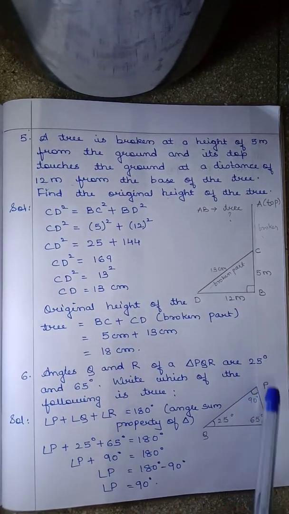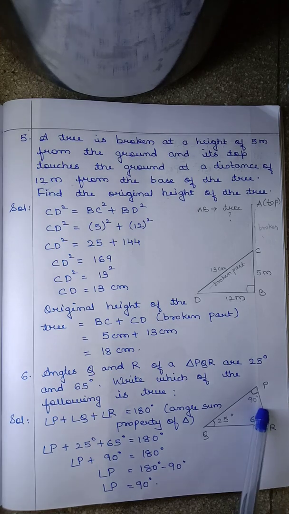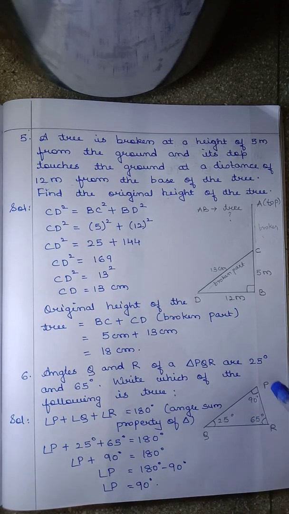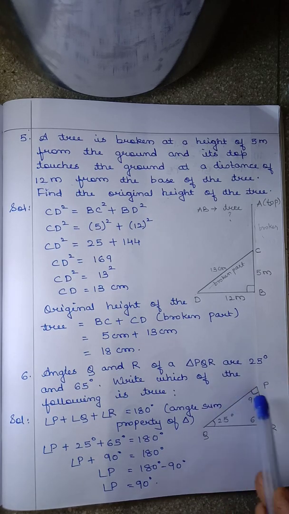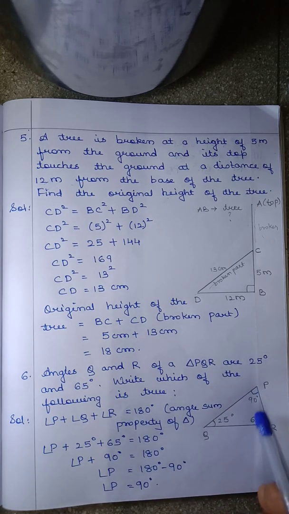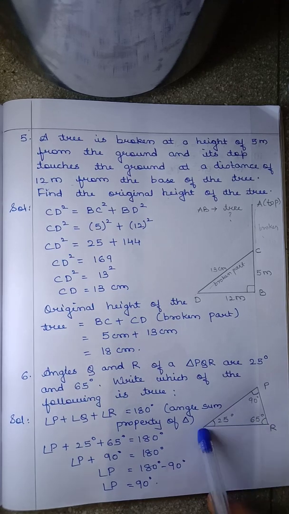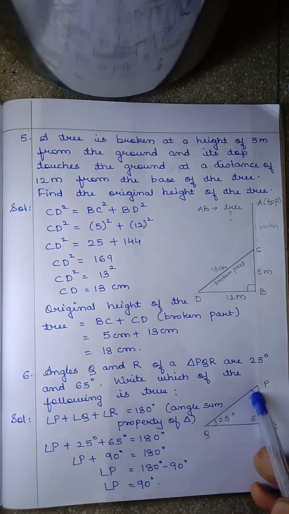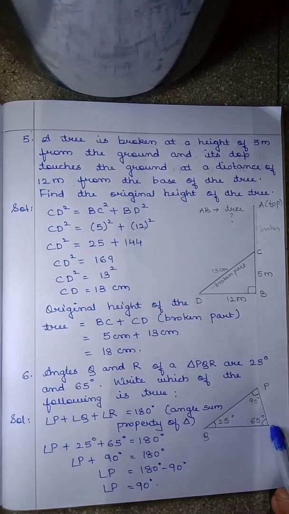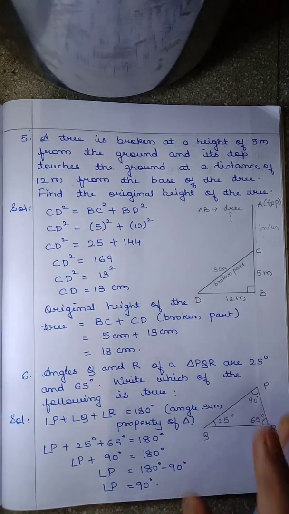So one angle is 90 degree means it is a right angled triangle. And you know that in a right angled triangle, only the square of the hypotenuse is equal to the sum of the squares of the other two sides. So hypotenuse opposite to the right angle is QR. So only QR square will be equal to PQ square plus PR square. Remaining all the statements are wrong here.